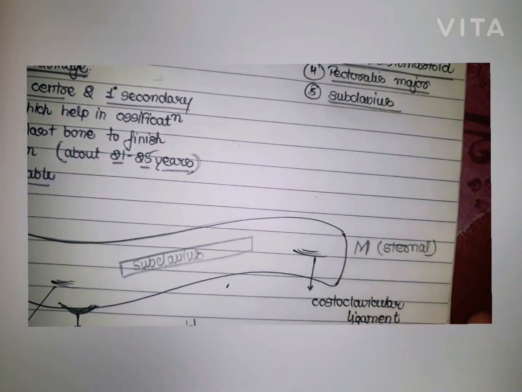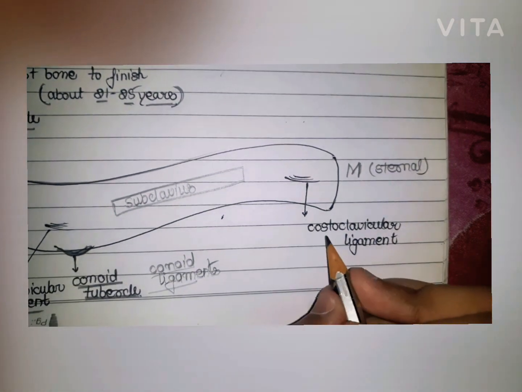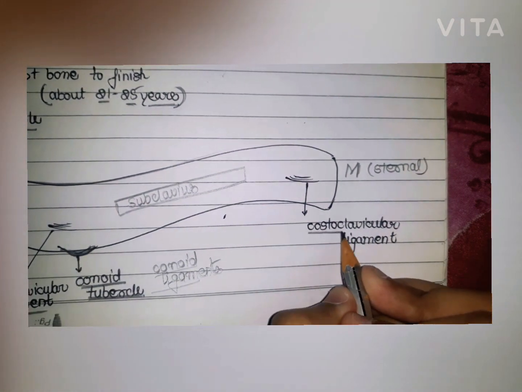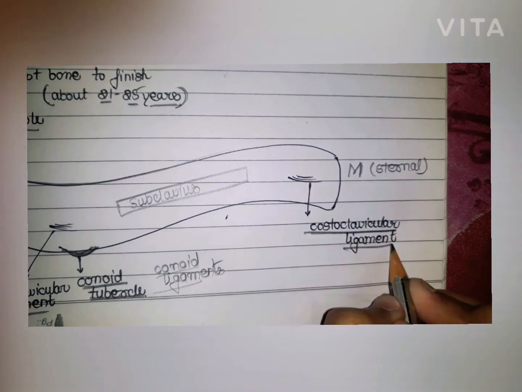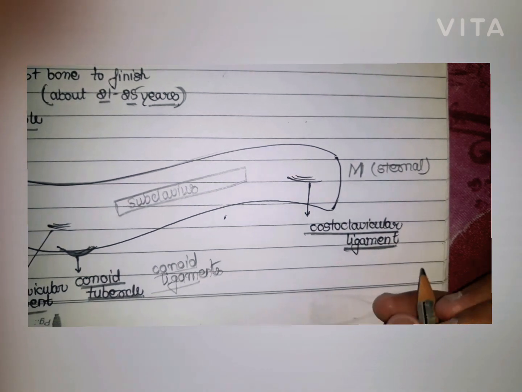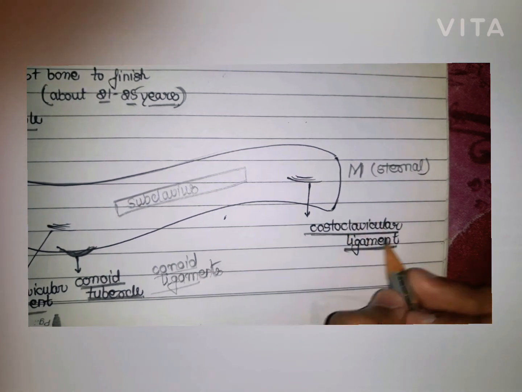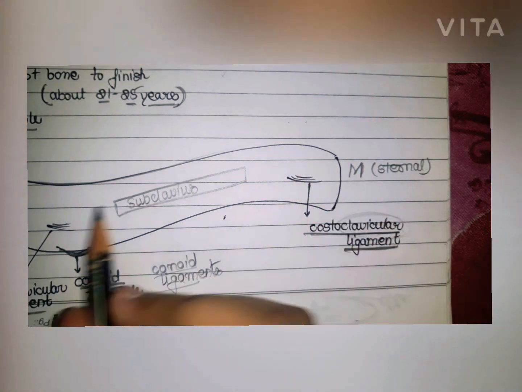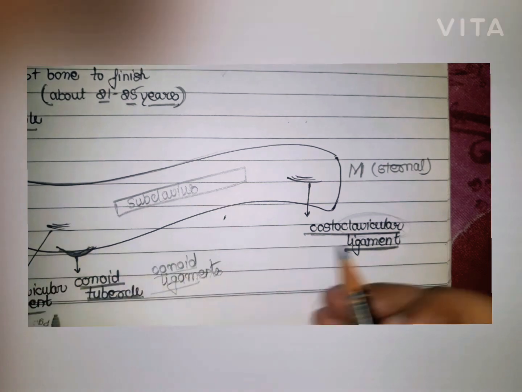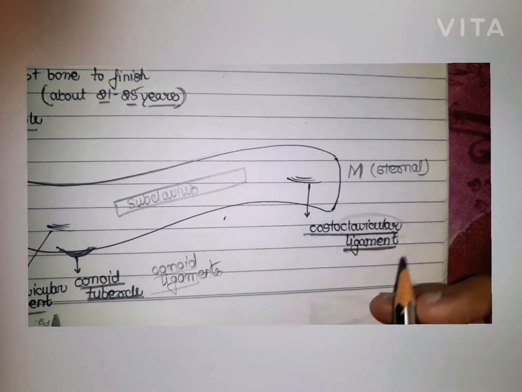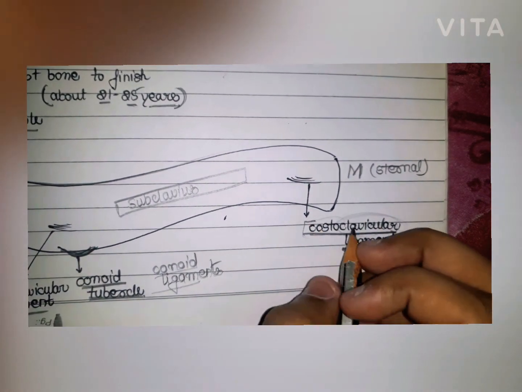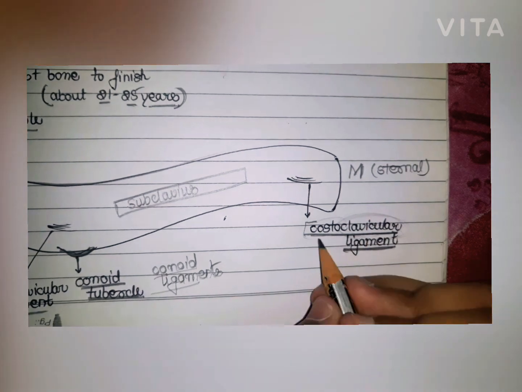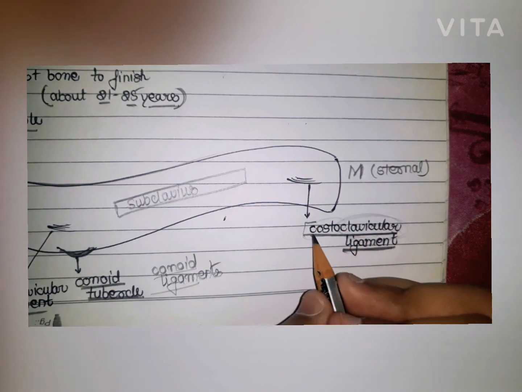In the medial end we have one ligament, which is known as the costoclavicular ligament. Costoclavicular ligament. Clavicle, from where does this name come? We are studying the clavicle, so from here it comes. And costo means ribs. The word costo comes from the ribs.